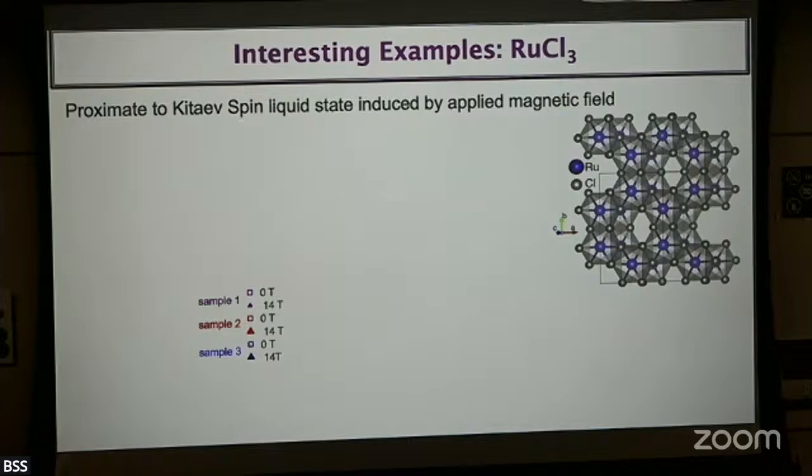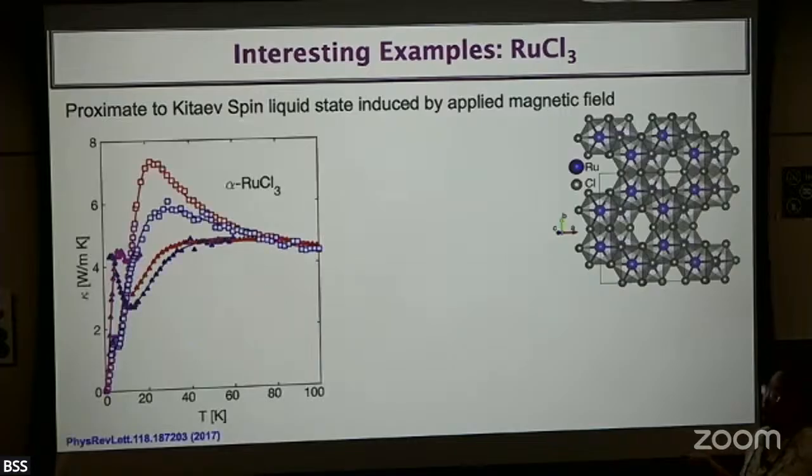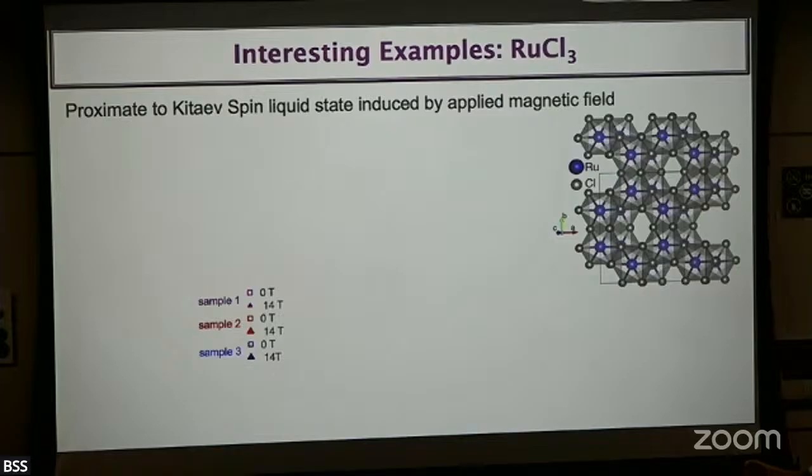That's actually why people got interested. Our group happened to work on alpha ruthenium trichloride much before that time. We measured three samples. Never report one sample. Don't trust a paper with just one sample.